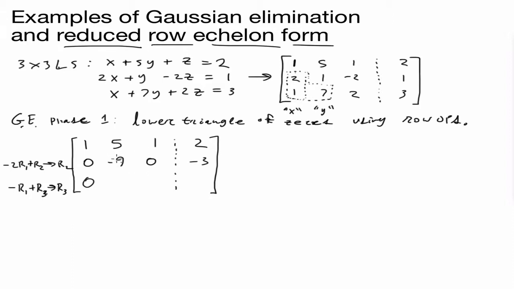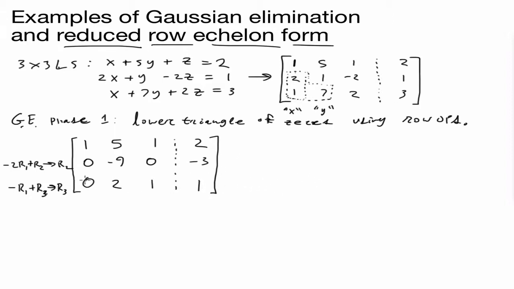Okay, so now we take our 5 and subtract it from 7, and I get a 2. I'm taking a 1 and subtracting it from the 2, and I get a 1. And then finally a 2, and I subtract it from 3, and I get a 1. Okay, so there we go.